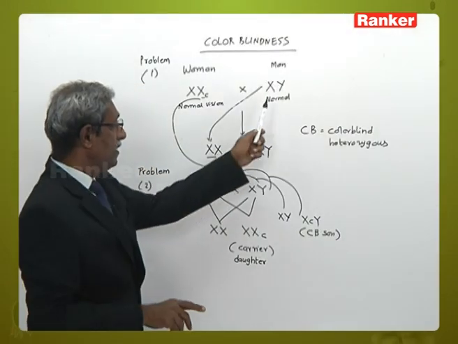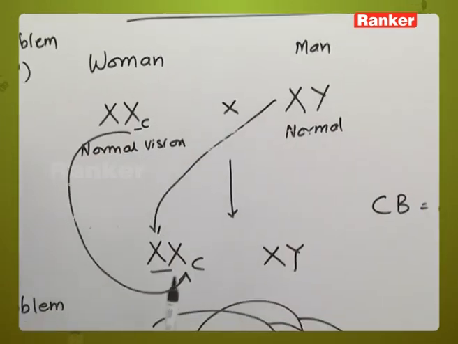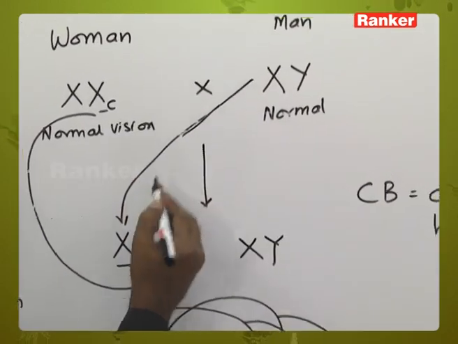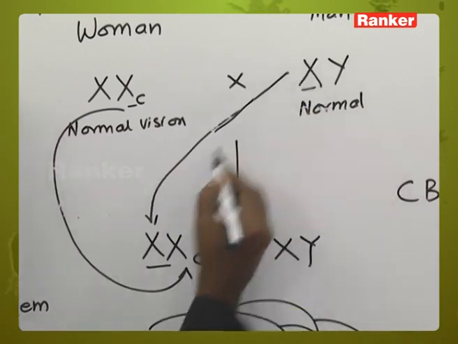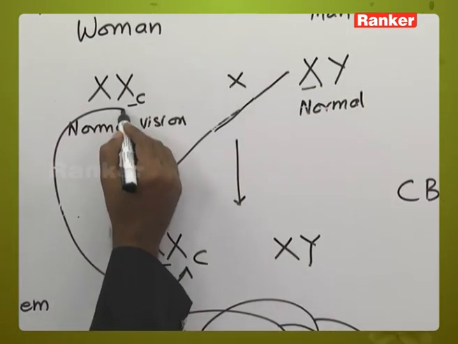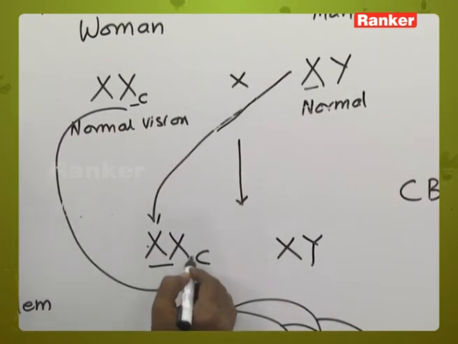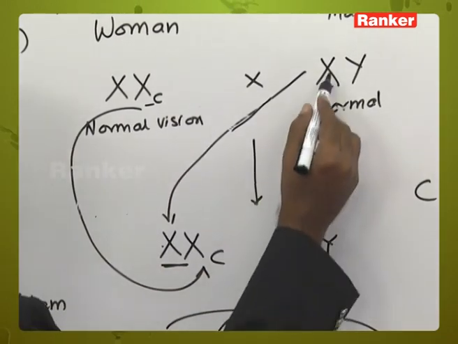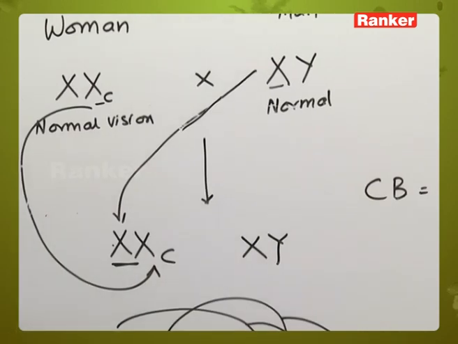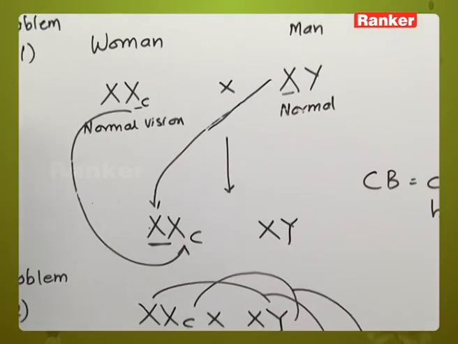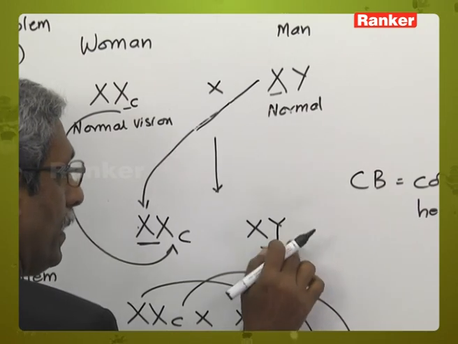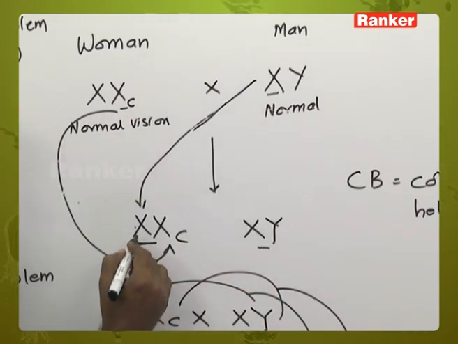The normal male is designated as X and Y. In a subsequent crossing, we have the X chromosome from the male coming over here, and we have the color blind gene X coming over here, and XXC comes on one side, and then we have XY on the other side. Thereby we understand that always from the man, the XY is a normal person, whereas XXC, the females, are carriers.